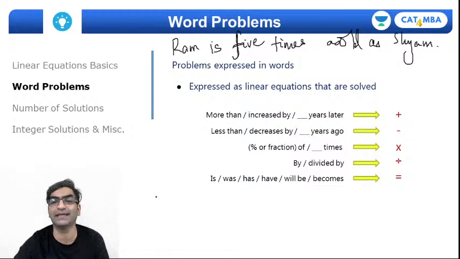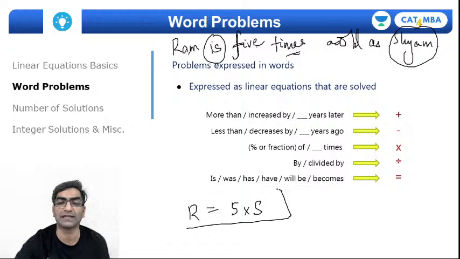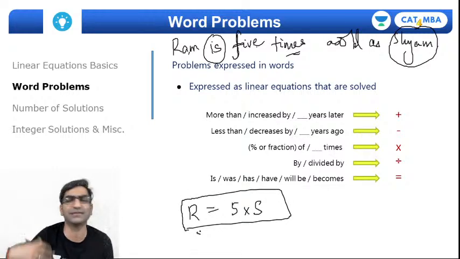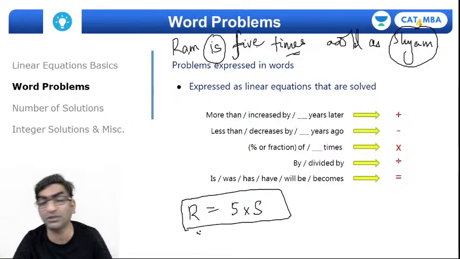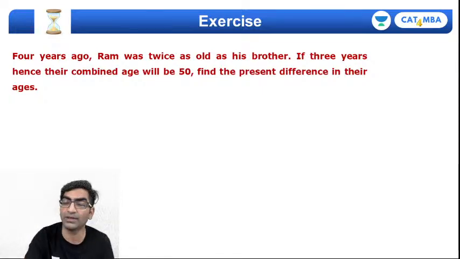There are 2 people, their ages will be R and S. So Ram's age is R. Now the moment I start reading, R is, this is the verb, becomes equal to 5 times. Whenever you have times, you multiply 5 into what? As old as Sham. 5 into the variable that represents Sham. There you go. That's the equation, right? So in a similar manner, you can look at statements, construct equations, and then solve those equations, right? Okay. Without much ado, let's look at some problems.